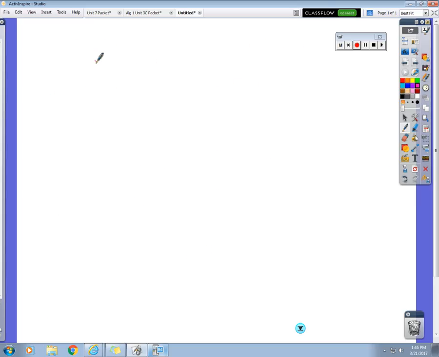So, the first property we're going to talk about today is the product property of logarithms. It says that if log base A of u times v, that's condensed form, and if you're asked to expand it, this will be on Friday's portion of the test, yes. So, this is known as condensed form, okay, condensed.